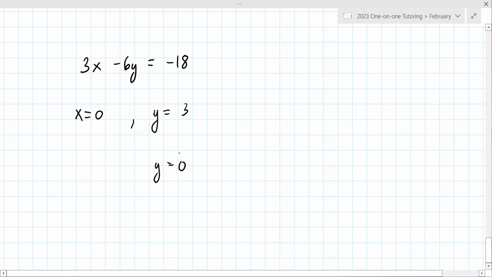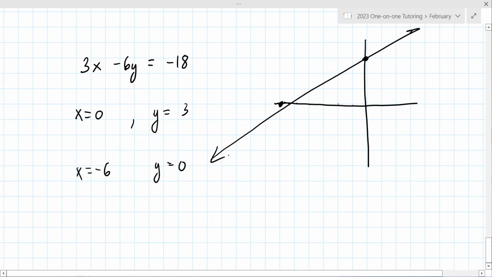And then the x-intercept would be -6, I believe. Yes. Perfect. So then your graph here looks like, and then 0, 3 looks something like that.